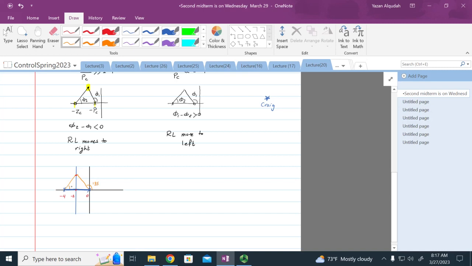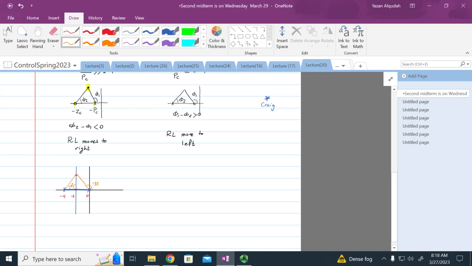And what is this going to be? 45. Make sense? 135, and if I add to it the 45, it's going to be 180 degrees, or negative 180 degrees. And therefore, it is on the root locus.